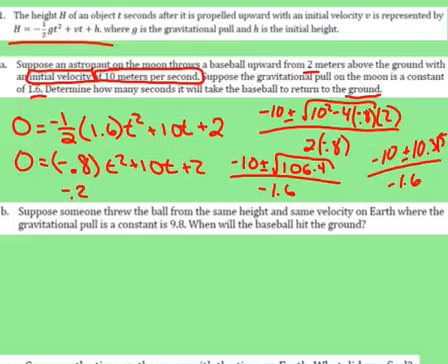Then when I subtract, I have negative 10 minus 10.315, which is negative 20.315, divided by negative 1.6. You're going to end up with 12.7, so 12.7 seconds.